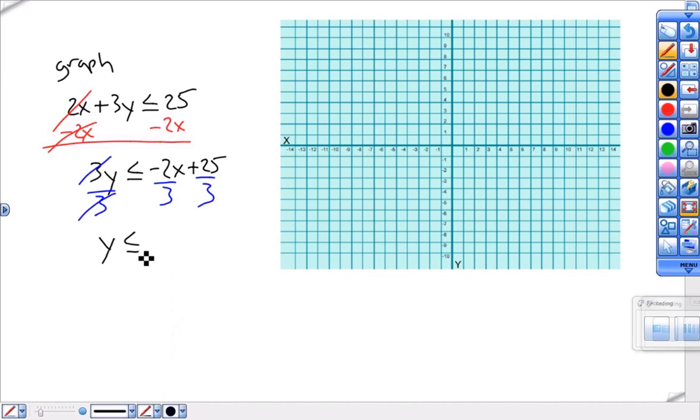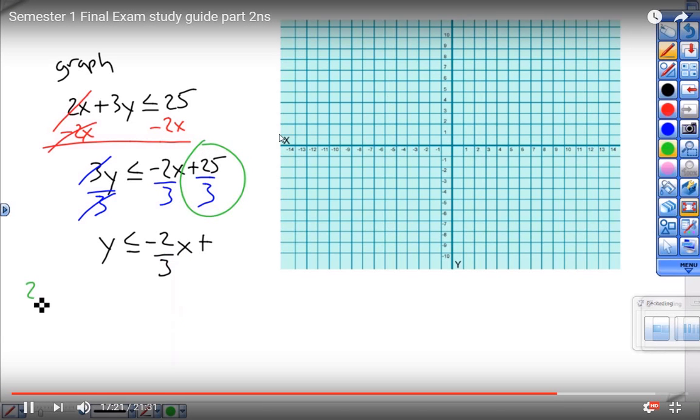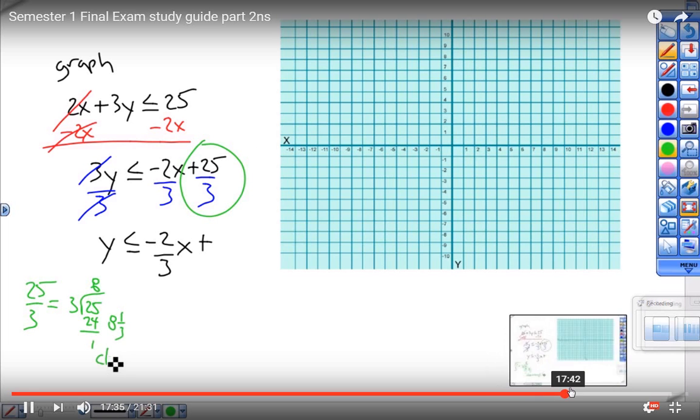I'm going to round 25/3 to the nearest whole number to make this graph a little bit easier for me. Because again, I'm just looking for points in the shaded zone. I could be a little bit imprecise here. Instead of graphing 8 and 1/3, which 25/3 is, that would be kind of a pain to do, I'm going to use the nearest whole number, which is 8.